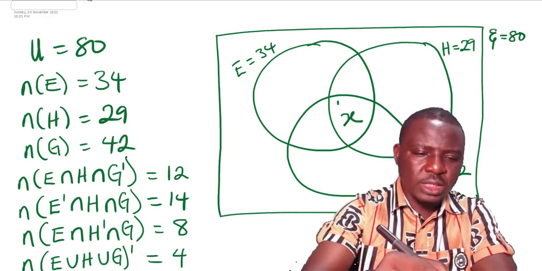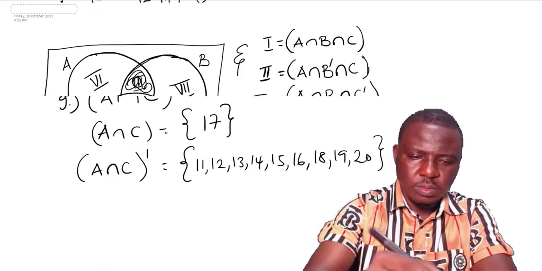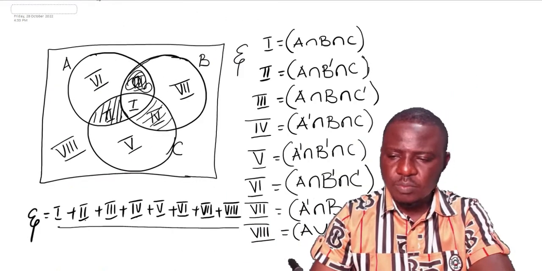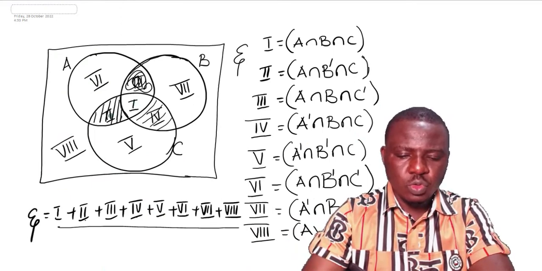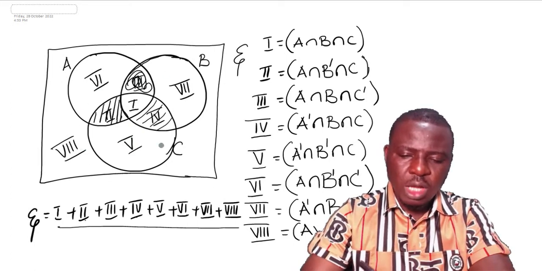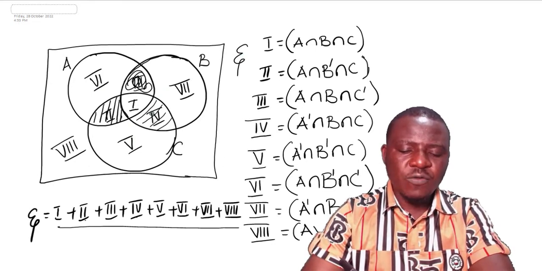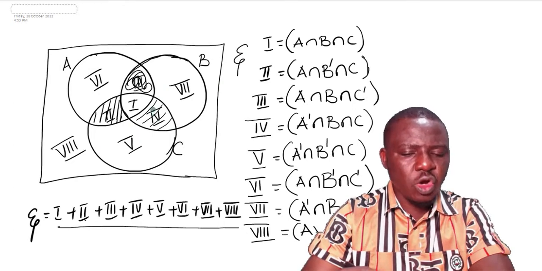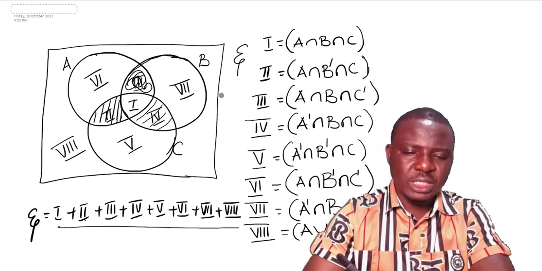If we should go back to that topic, we have region 1, region 2, region 3, region 4, 5, 6, 7, and 8. And the sum total of these regions gives us the universal set. So we are to find the number of students in each of the regions, so that when we total it, it's going to give us the universal set.